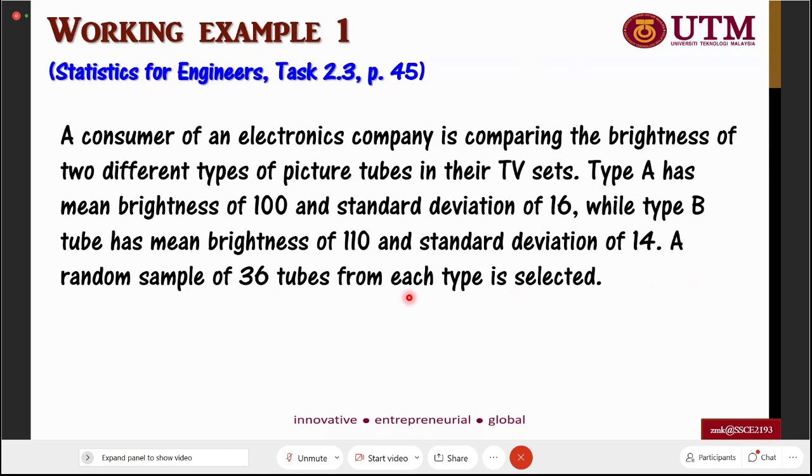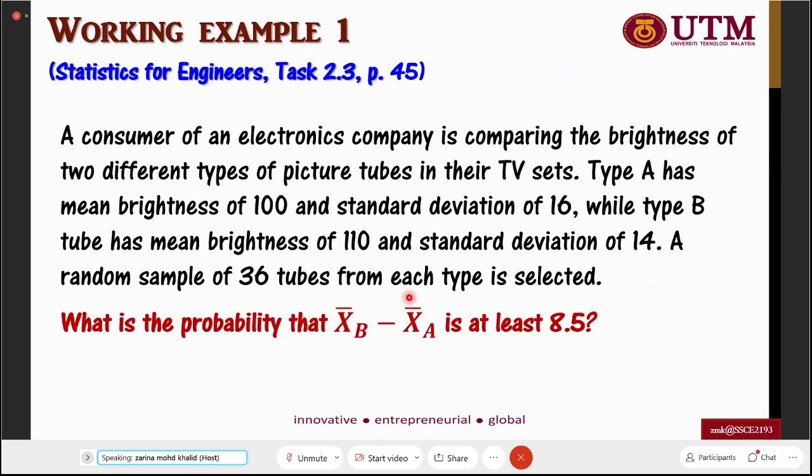So the question: what is the probability that the difference between x bar B and x bar A is at least 8.5? When you talk about finding probability of a random variable, then you have to know the distribution of this random variable. So how do you define the distribution for this random variable?